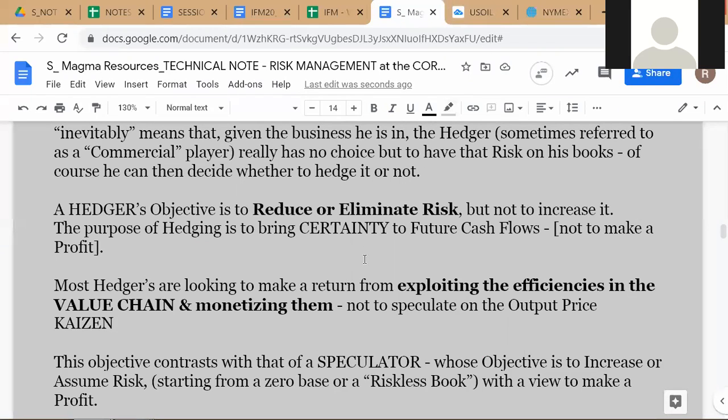I think we don't need these two charts anymore, but they basically want to use it to bring certainty to the future cash flows and basically to lock in the margin. Okay, let's put it this way: lock in operating margins. You understand operating margins, right?